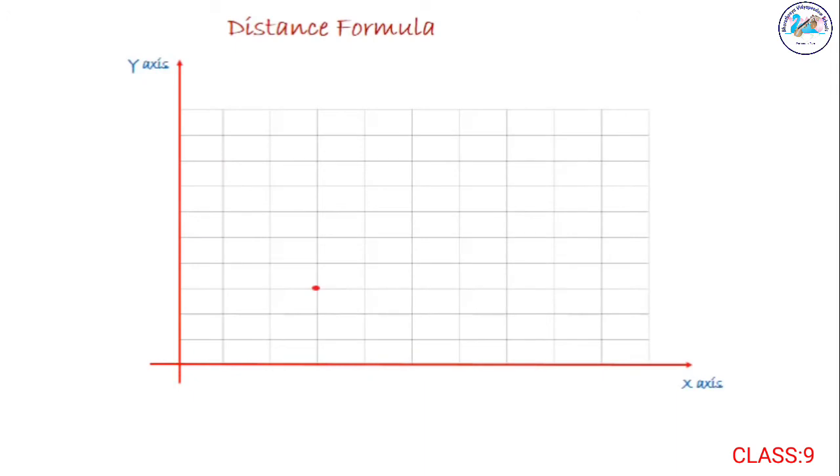We are not plotting the points here, just taking general points: A as (x1, y1) and, as before, C as (x2, y2), and we go to B, which we label, and finally we have to calculate the length AC.